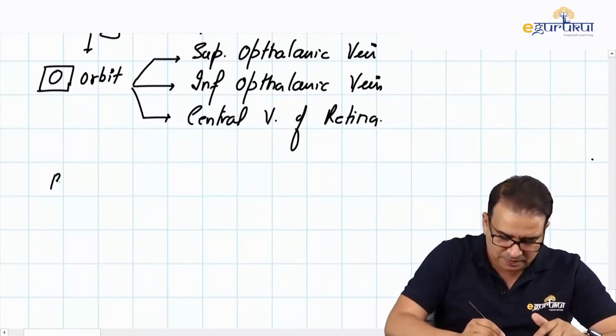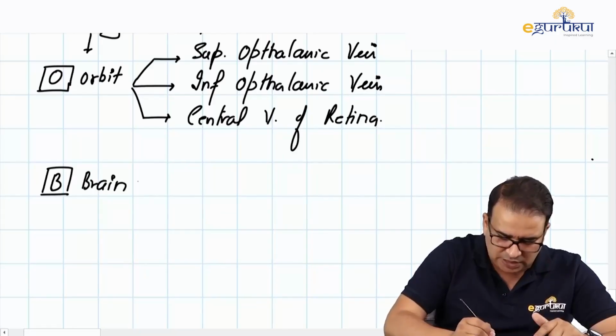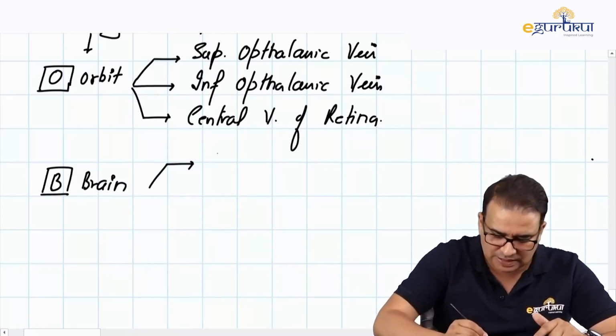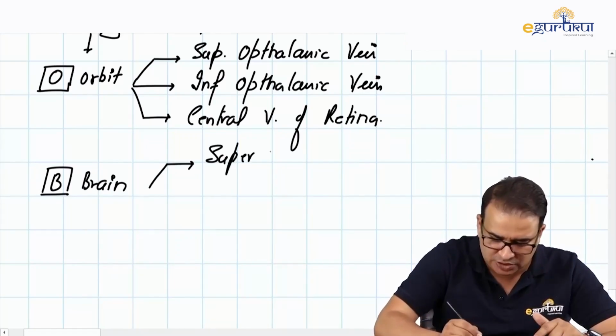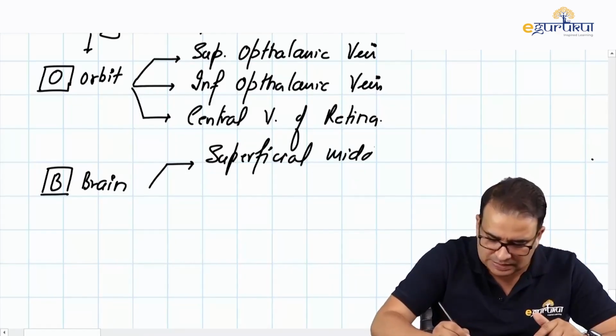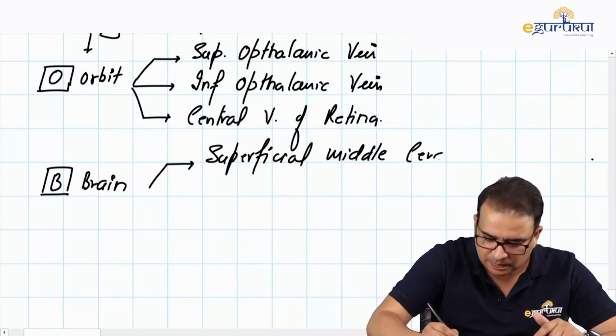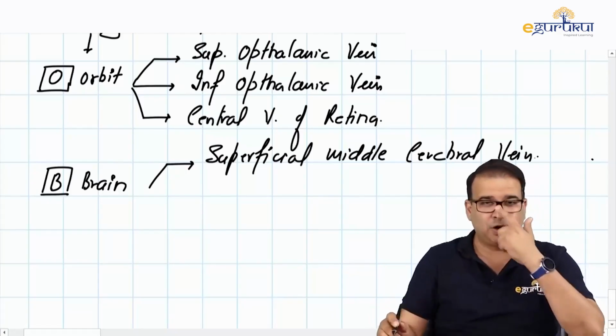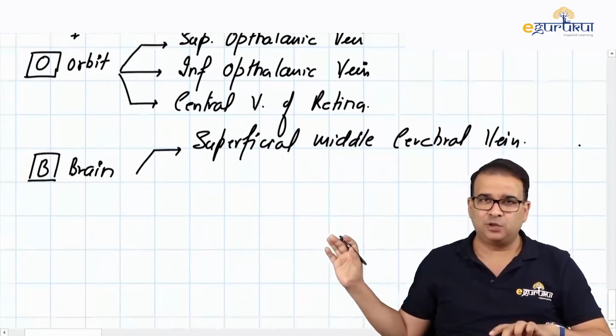Then we said B stands for brain. Some veins come from the brain and drain into the cavernous sinus. One is called the superficial middle cerebral vein. See, I cannot justify these veins as of now. We'll surely be discussing these veins in the neuroanatomy part.